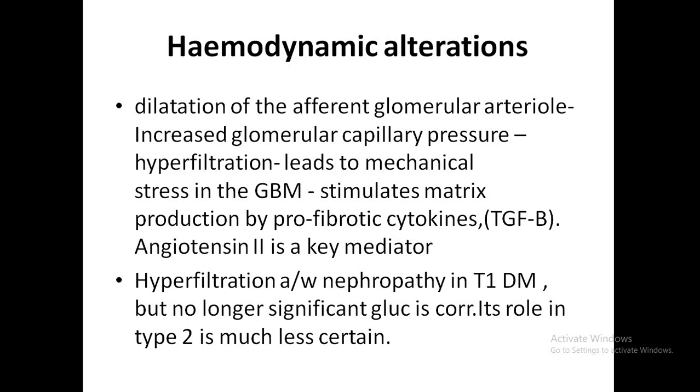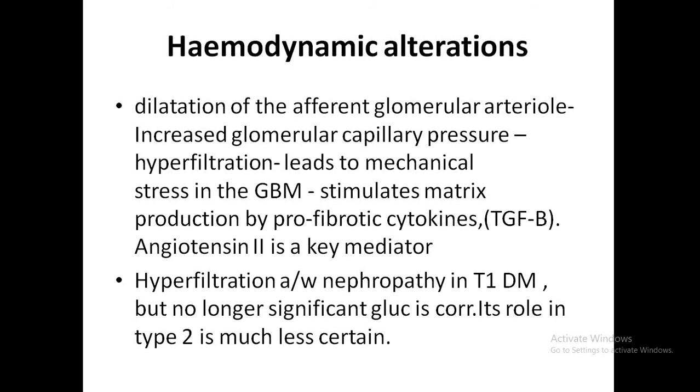Hemodynamic alterations implicated in the genesis of diabetic nephropathy are as follows. There is dilatation of afferent glomerular arterioles to begin with. This causes increased glomerular capillary pressure, and hence there is hyperfiltration, and this leads to mechanical stress in the basement membrane.